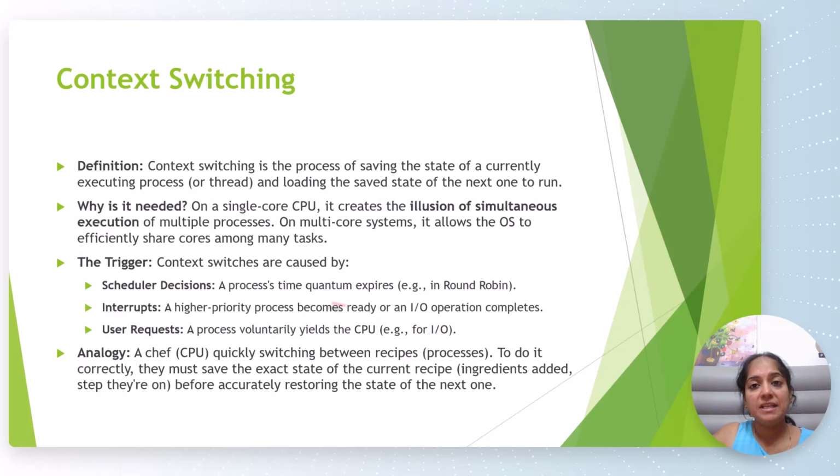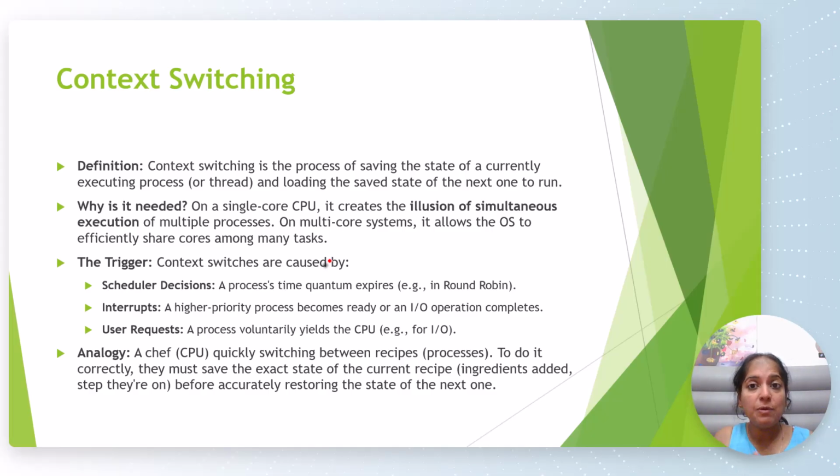Now, we use the term context switching. So, what is this? Suppose one process is being executed by the processor, then the next process comes in for execution. So the CPU will leave the first process and start executing the next process.